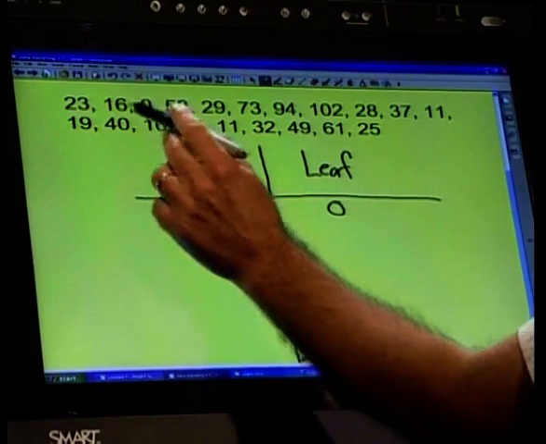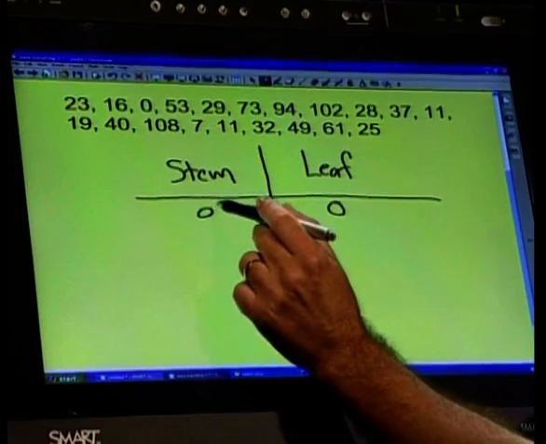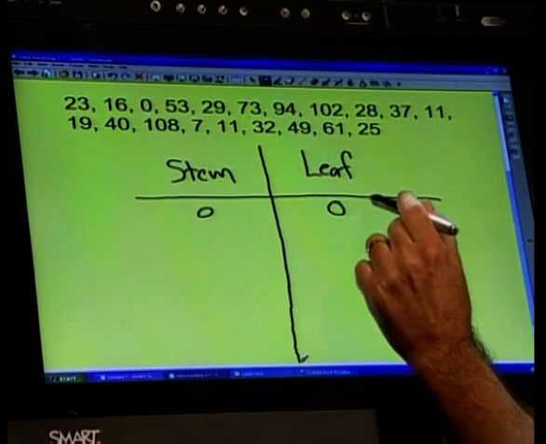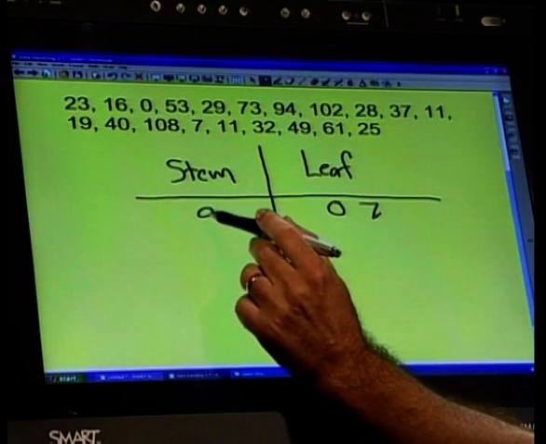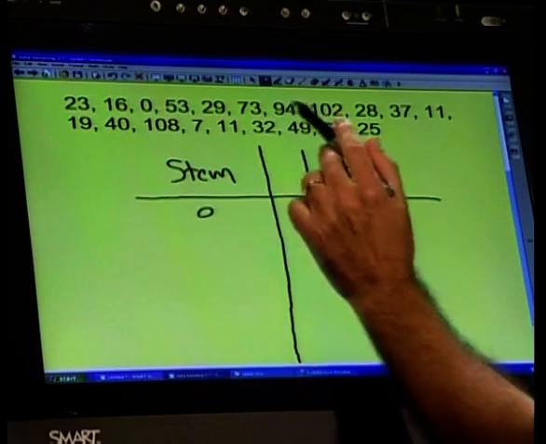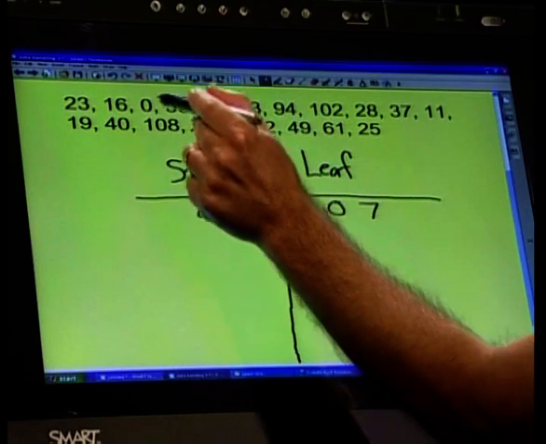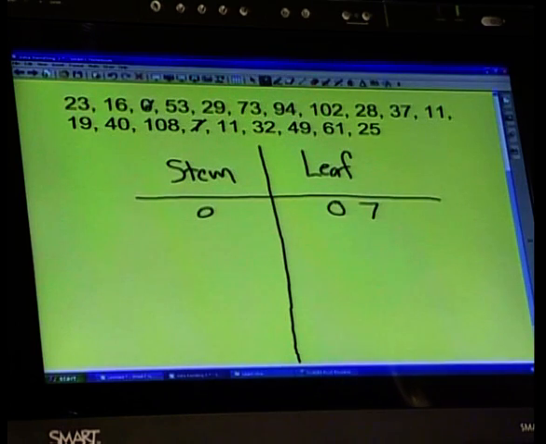The next one, we've got some that are in the single digits. So the stem is still 0, but we've got a 7. No tens units, but a 7. Are there any others that fall into the single digits? No, we've covered all of those. So let's cross them off so we don't get confused with them later on.